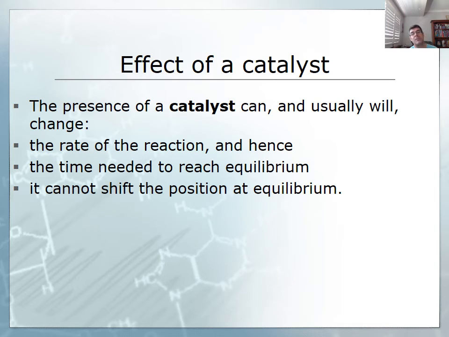One important note at this point, and we'll have a look at some examples of this as we go further on, is that one of the things that can affect the rate of the reaction but not the position of equilibrium is a catalyst. Now we know that catalysts are chemical substances which lower the activation energy.